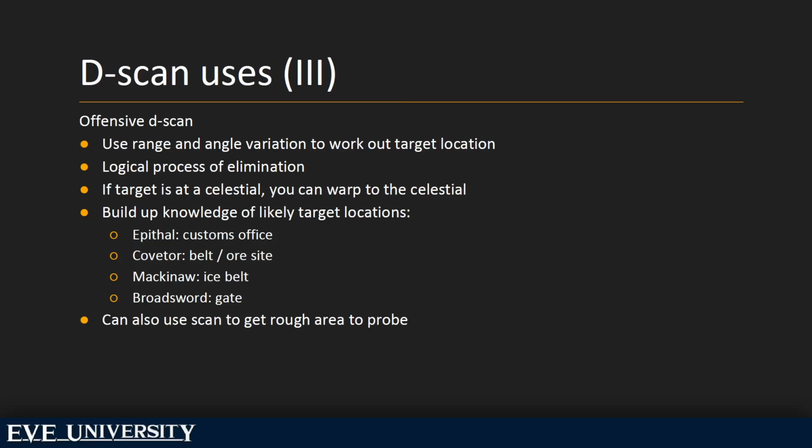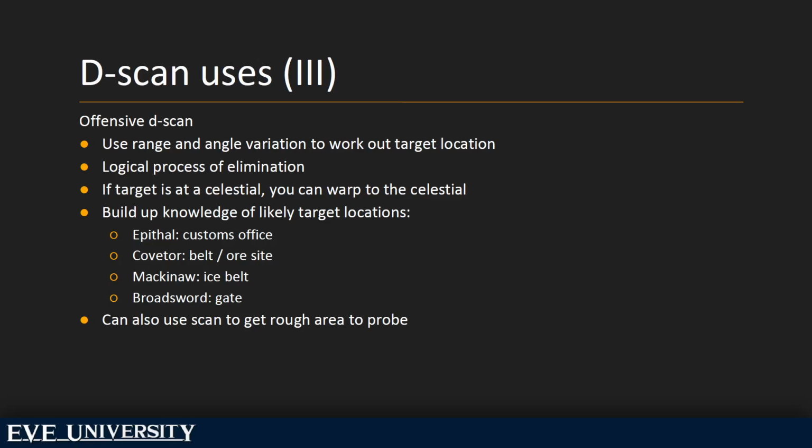And if you see, let's say, an Epithal, which is the industrial ship used to move planetary interaction, you firstly check all the customs offices within the range of your D-scan, and so on.